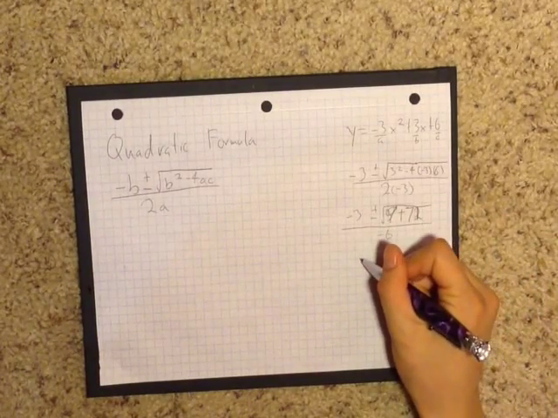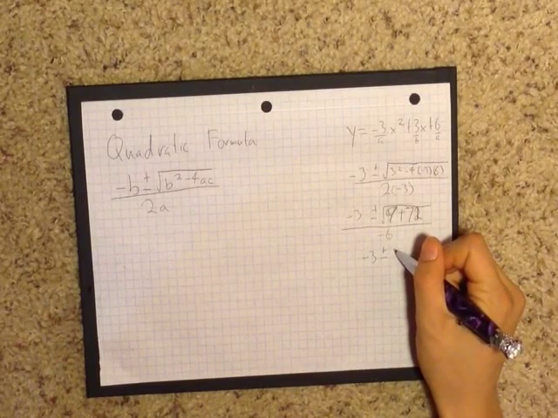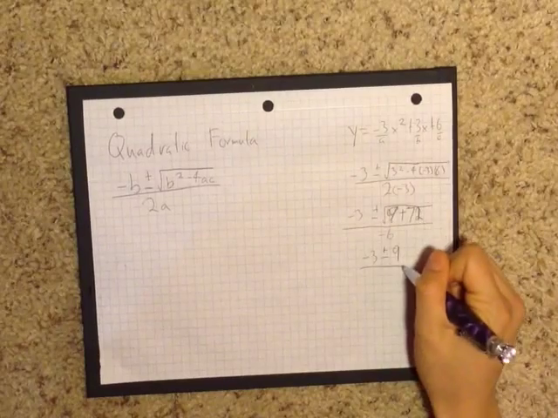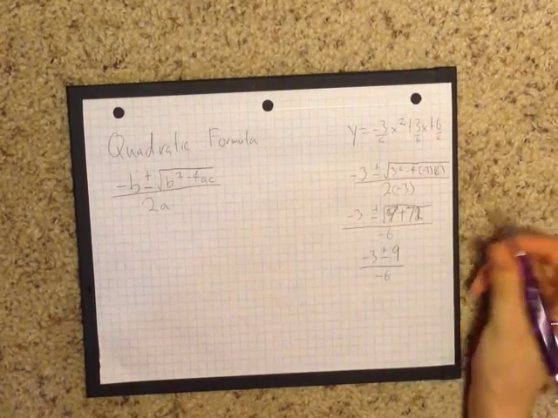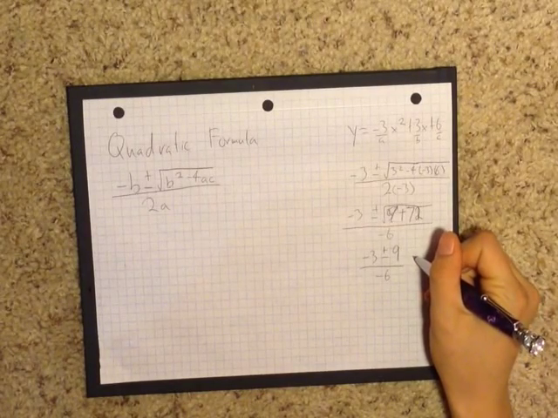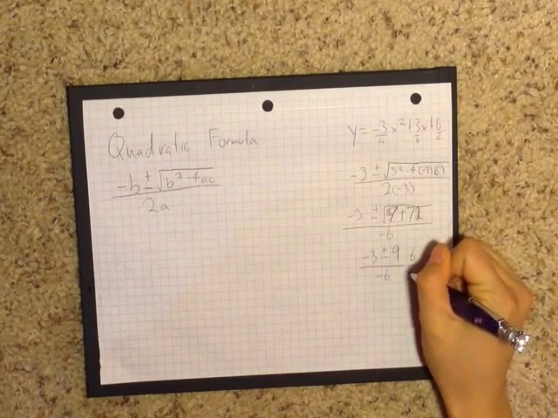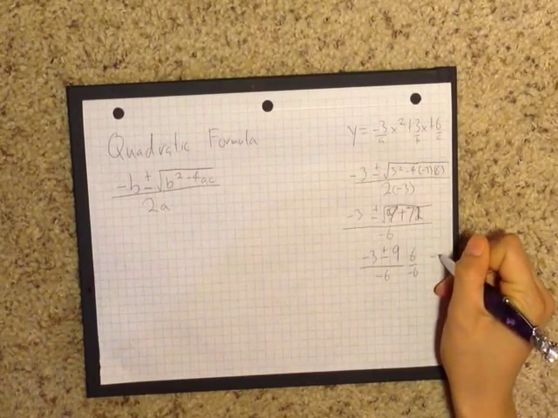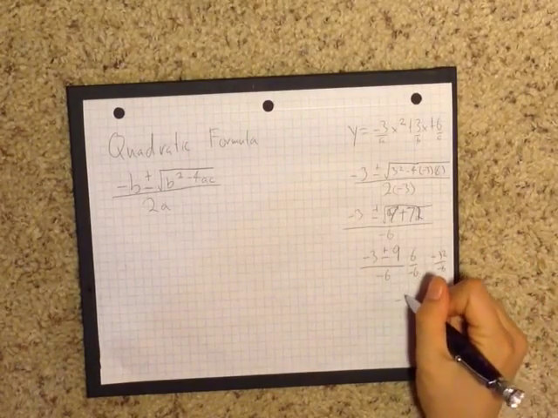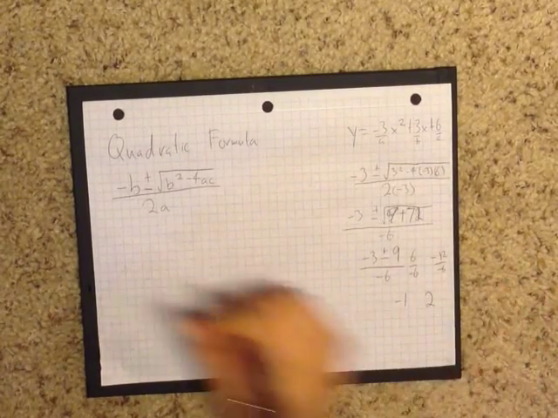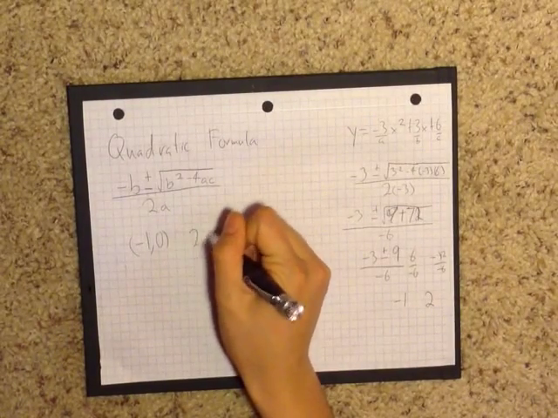So we should get -3 plus or minus 9 over -6. Since it's plus and minus, we have to do both. So we have 6 over -6 and -12 over -6, which gives us -1 and 2. So our solutions are (-1, 0) and (2, 0).